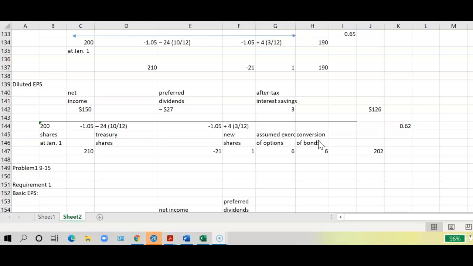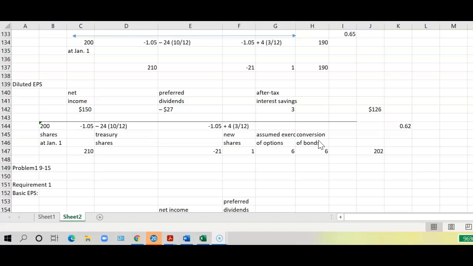In addition to that, we have a new example of fully diluted earnings per share, and that is the conversion of bonds. We will include as potential shares the 6 million shares that can be converted instead of the $50 million 8% bonds.